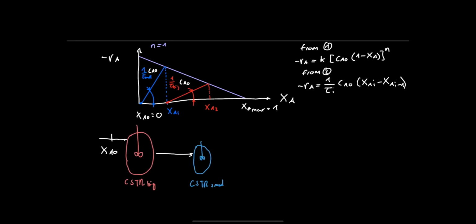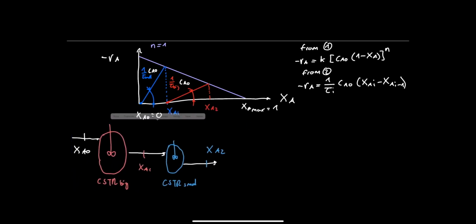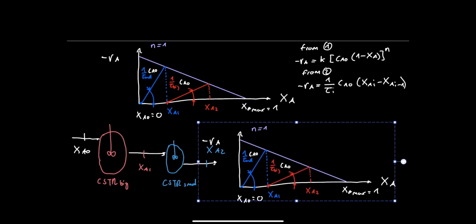Exiting our CSTR, we would have our conversion A1. And leaving our small CSTR, we would have the conversion A2 for this specific arrangement. So here we had our previous arrangement.